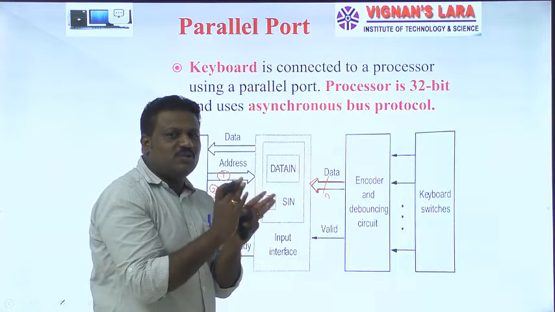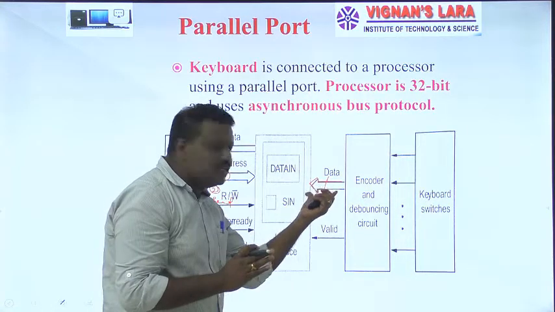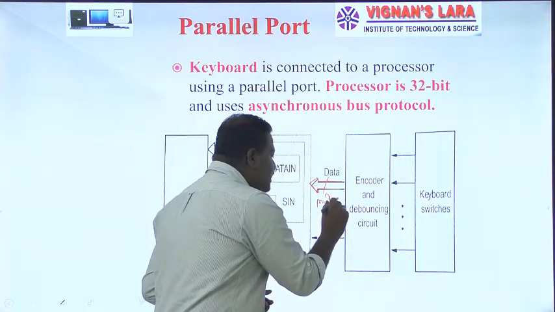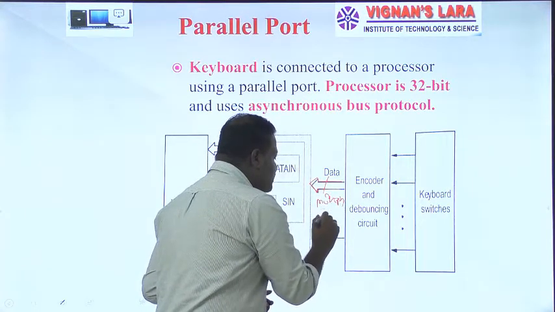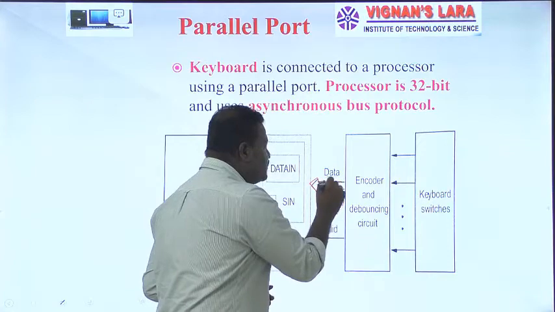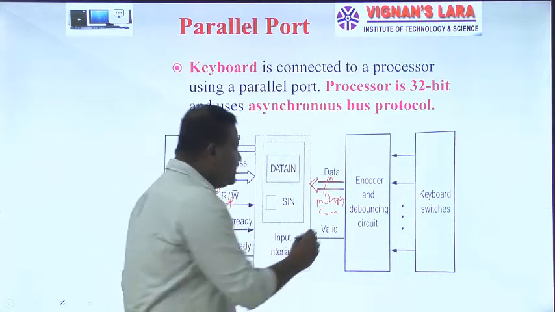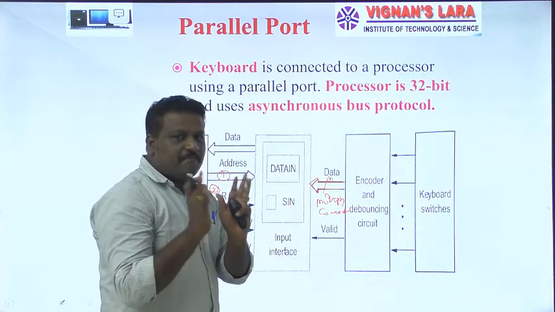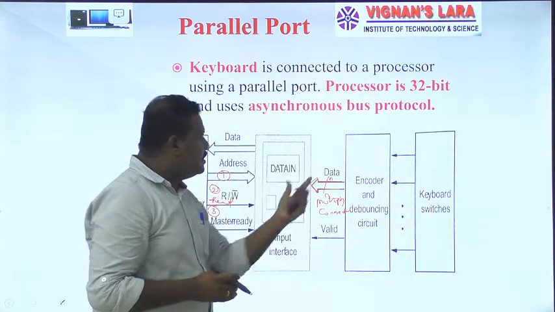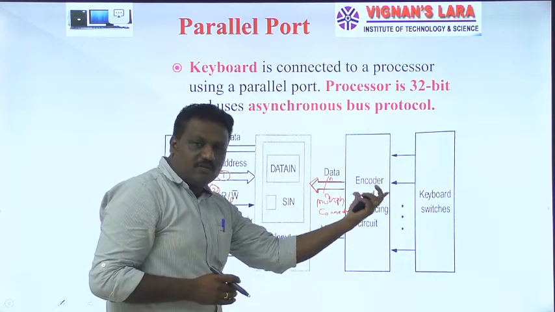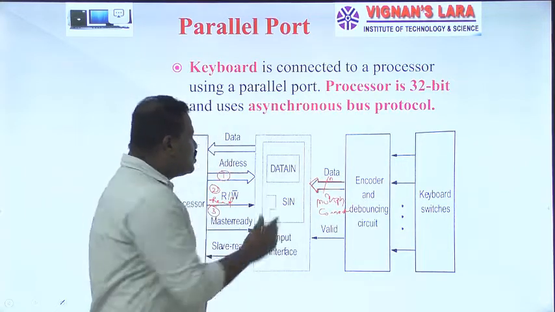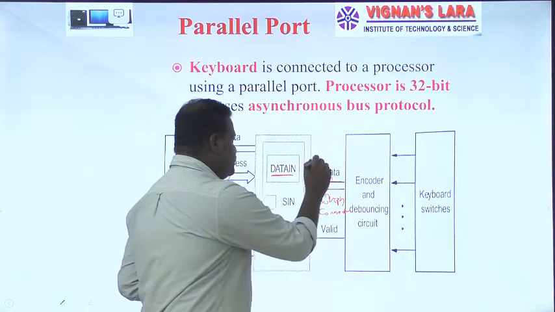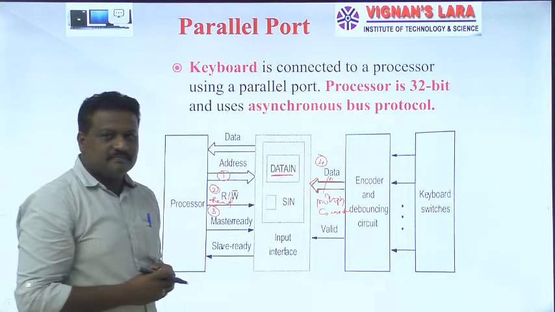I think you identified it, guys. Here we definitely use a multi-pin connector, because I am transferring n bits over multiple connections. That means here I have a parallel port. So the data received from this encoder and debouncing circuit is copied into this data in register as operation number 4.